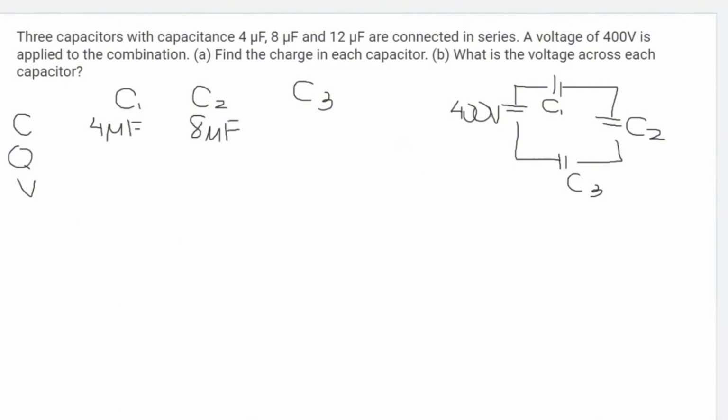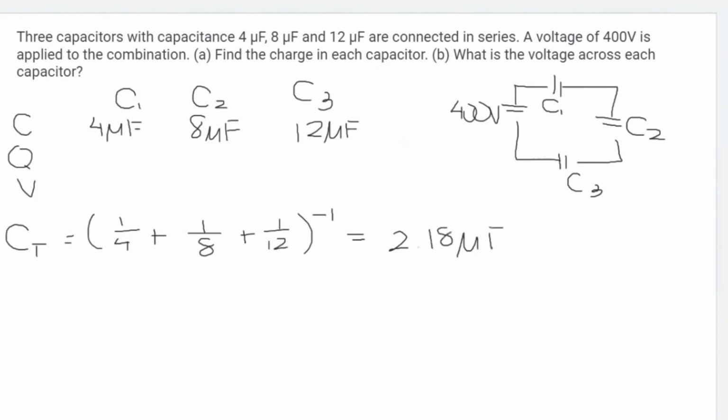Our third one is 12 microfarad. And previously, our formula for capacitance in series is N. And what does N mean? Negative exponent. So in order to get our total capacitance, it's simply just 1 over 4 plus 1 over 8 plus 1 over 12, all raised to negative 1.